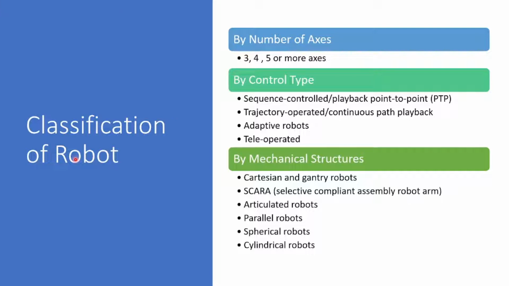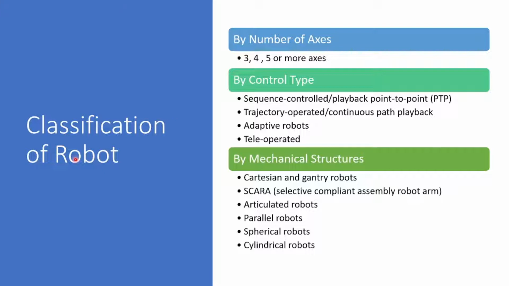Steady operated is a very interesting robot though. It's used for telesurgery in industrial robot. That I will come up later on, don't worry about it too much. So the mechanical structure, which is our main point of view at this moment, has few types, including the SCARA. SCARA is selective compliance assembly robot arm, which is a really interesting type of robot.